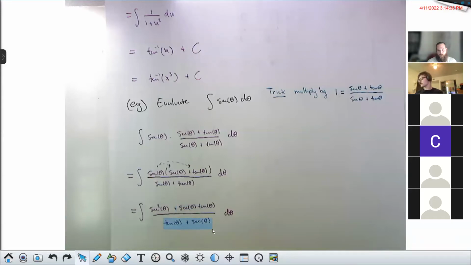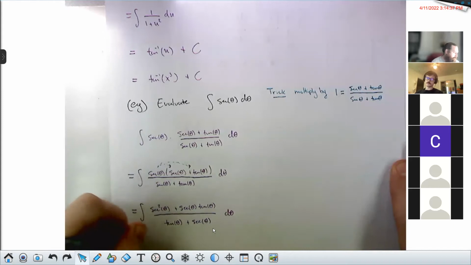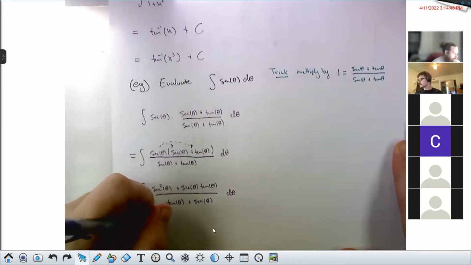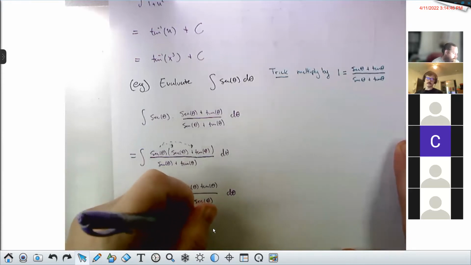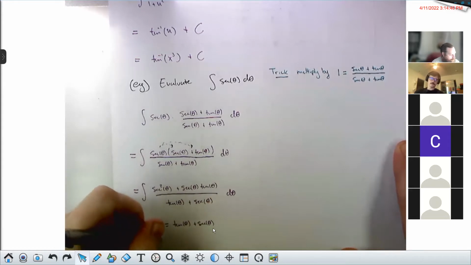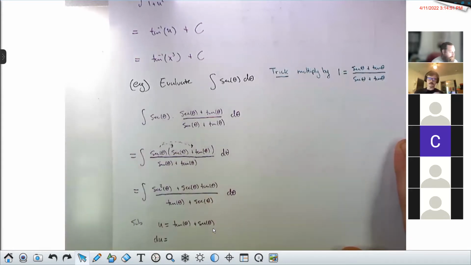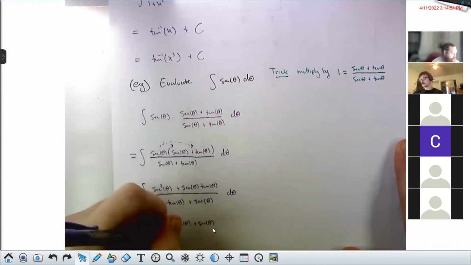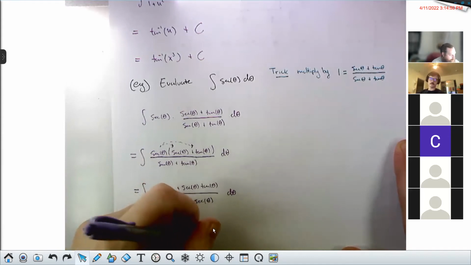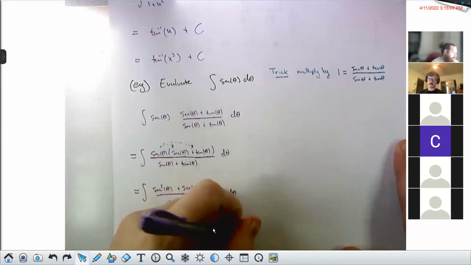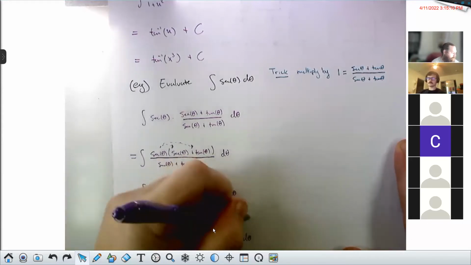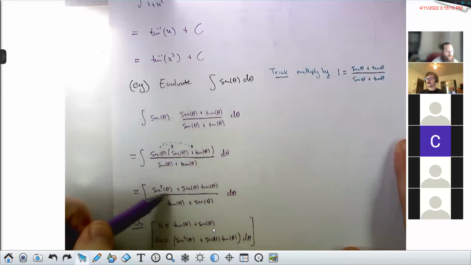So if I sub for the whole bottom, then my differential du will be the derivative of tangent, which is secant squared theta, plus the derivative of secant, which is secant theta tangent theta, all times d theta, which is precisely my numerator.